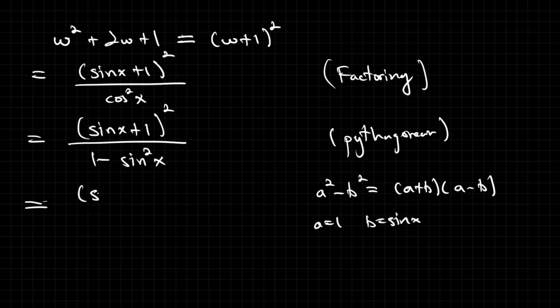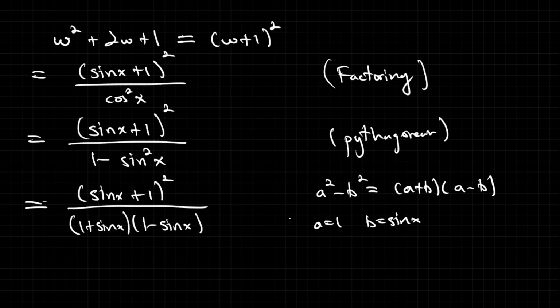And so the denominator is going to factor as (1 + sin x)(1 - sin x). And now we have (1 + sin x) squared in the numerator. One of those will cancel with my 1 plus sin x in the denominator, and I get (1 + sin x)/(1 - sin x), which is the right-hand side.